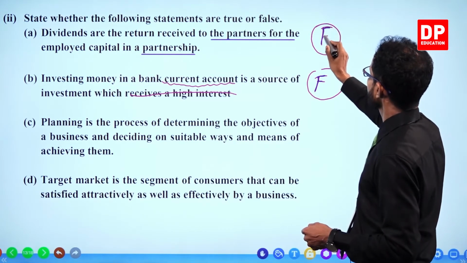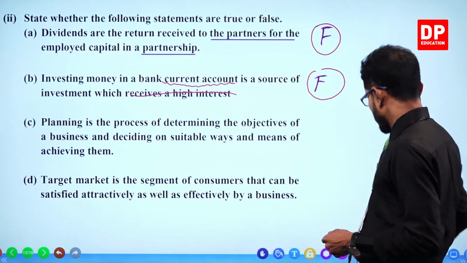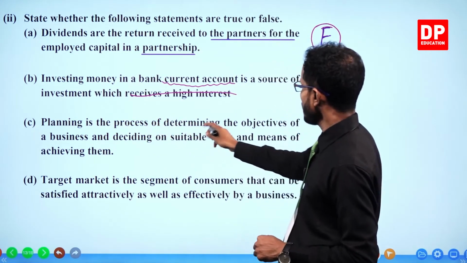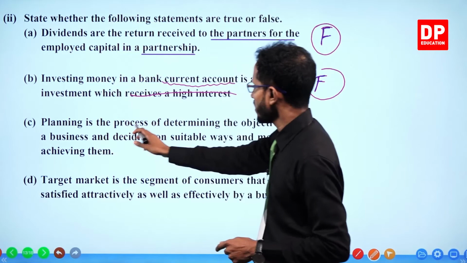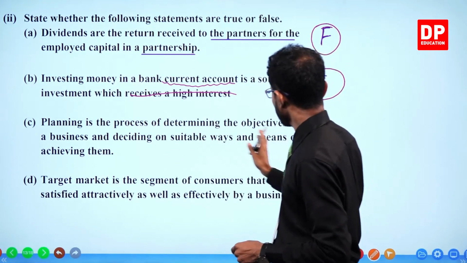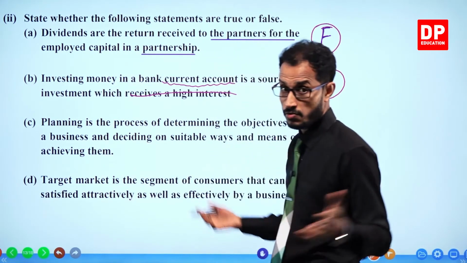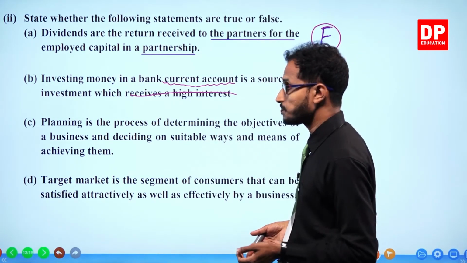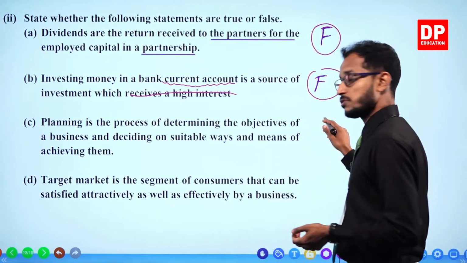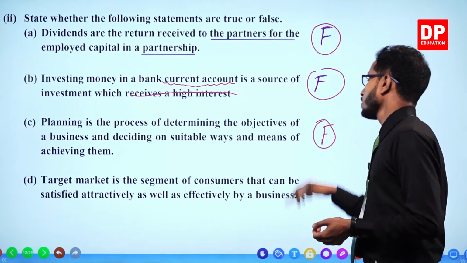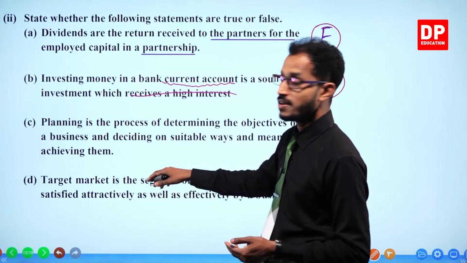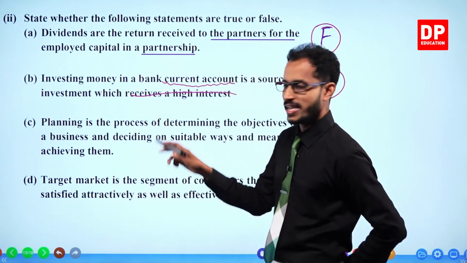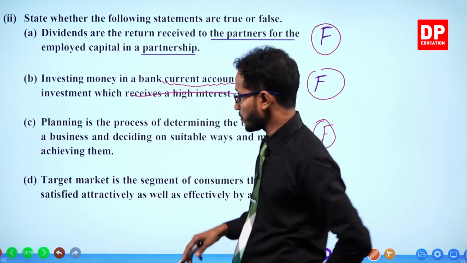Planning is the process of determining the objectives of the business and deciding a suitable way to achieve them. Is that planning? Let's go to the next one. All right, I'll look into that again if you don't agree with me.